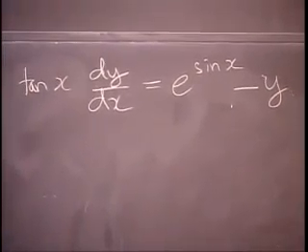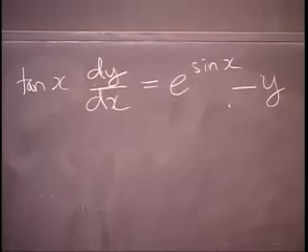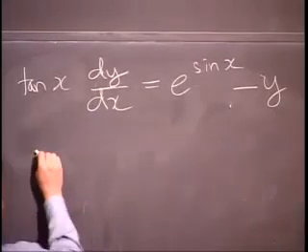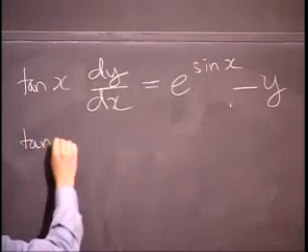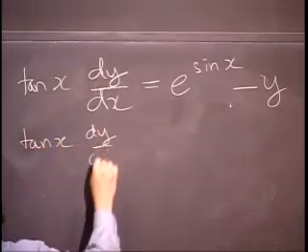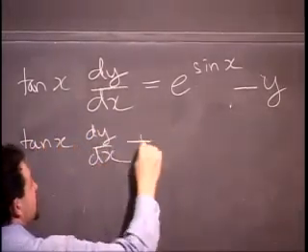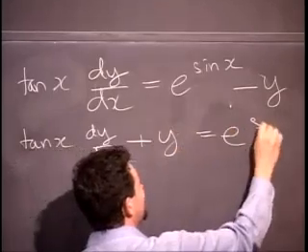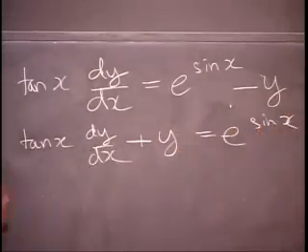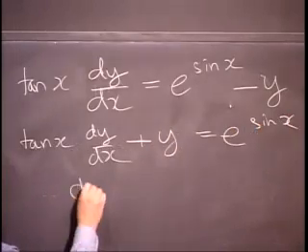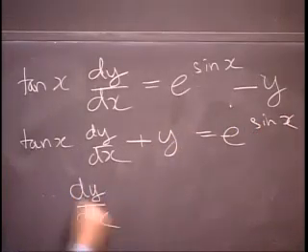Here it is. Okay, so it's linear. I'm going to put the y on the left-hand side, rather. So you get tan x dy dx plus y equals e to the sine x. Actually, the real specification says that we need to make dy dx by itself. So I have to divide by tan x.